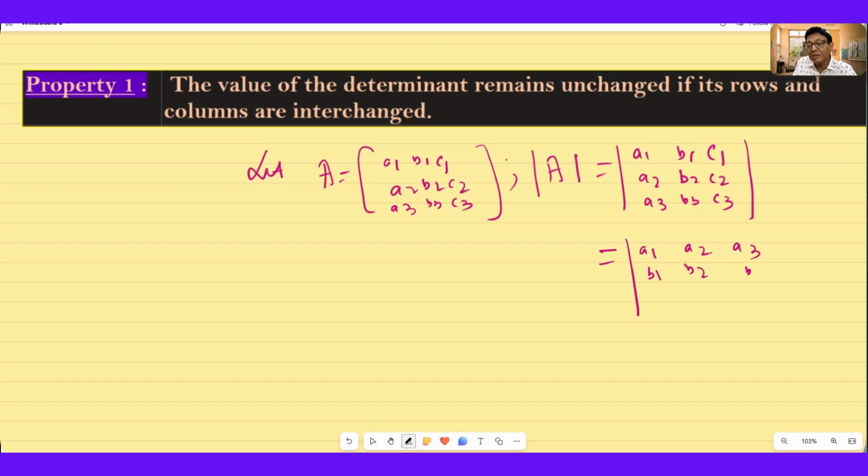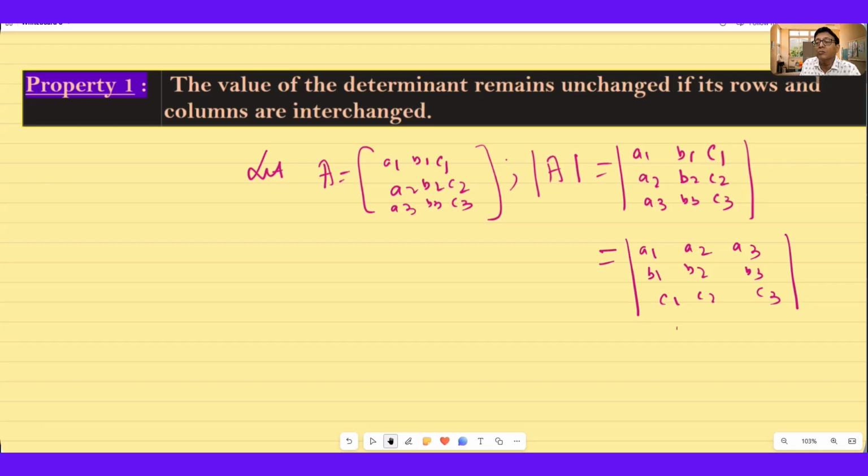A1, A2, A3, B1, B2, B3, C1, C2, C3. I am not proving it, no need to prove. If you expand in terms of the first row here, the value of the determinant you know. The same value you will get if you expand in terms of any row or any column.